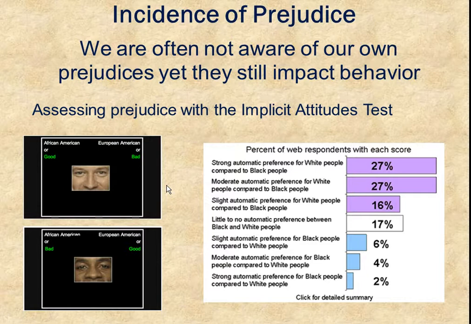And what you'll see is definitely a race difference, that white people, when they find out that they have a moderate or strong preference for white people, are typically disturbed by this. We also see that there are black people who show a moderate or strong preference for white people. And not surprisingly, those folks are definitely disturbed by that.